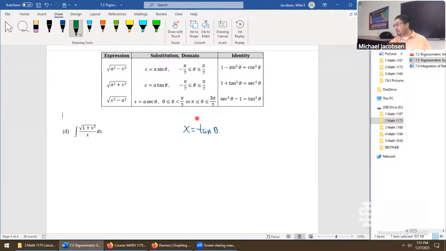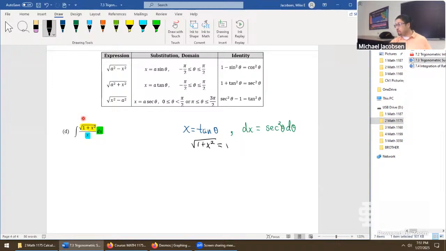We'll come from here and immediately calculate dx. That's going to be a secant squared theta, d theta, and that fully replaces this part. I guess the substitution tangent theta replaces that denominator. And just like before, we're re-expressing root 1 plus x squared.